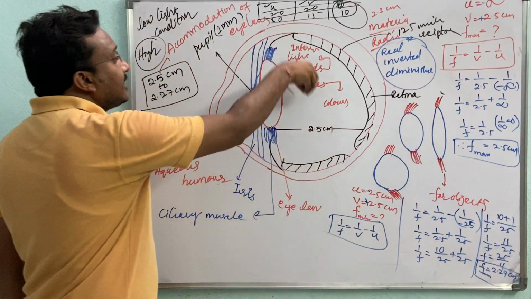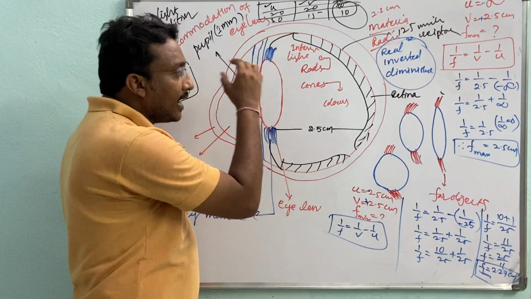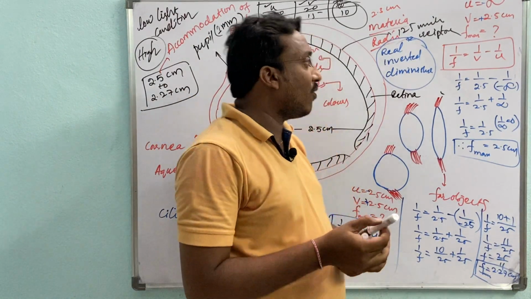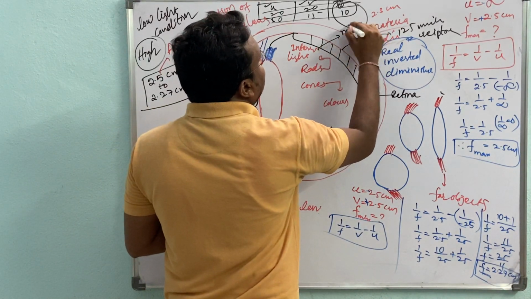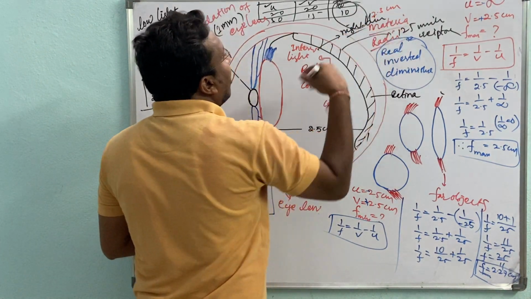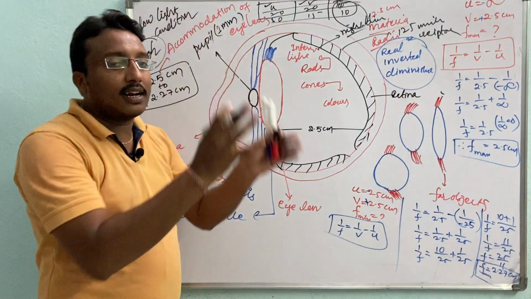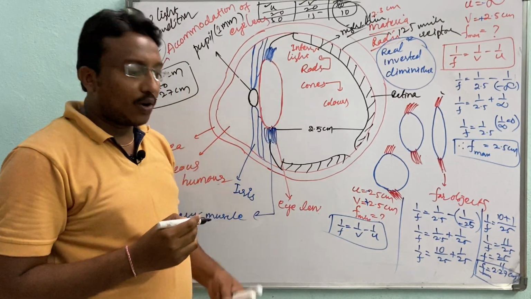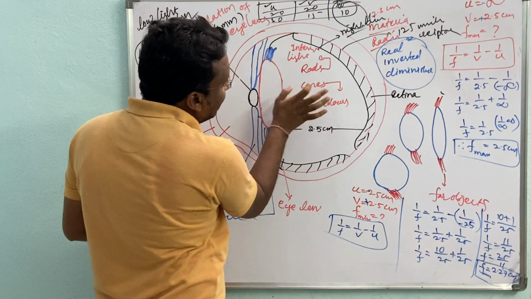If he has very few rods or no rods, such a defect is called night blindness. We call it what? Night blindness. Then he can't find any difference between day and night. Even if he sits under the sunlight, he can't sense sufficient light. Right. These are the works of the rods and cones.